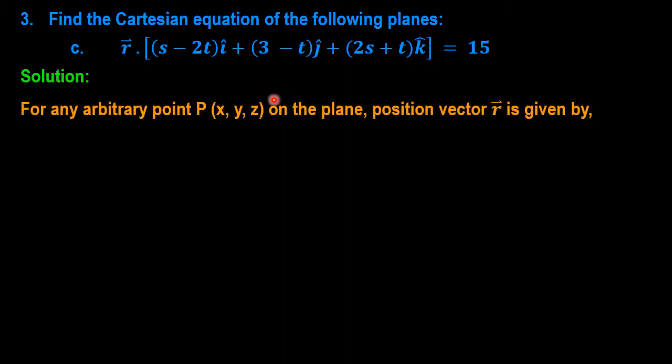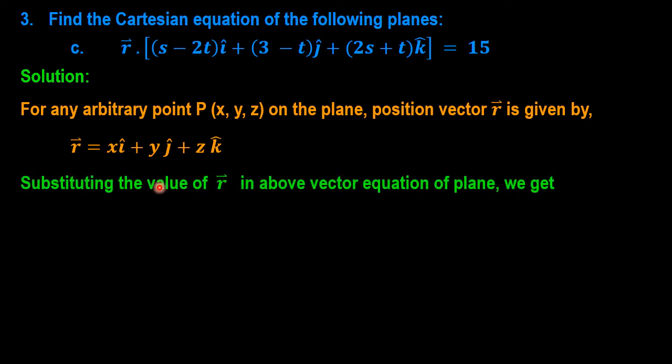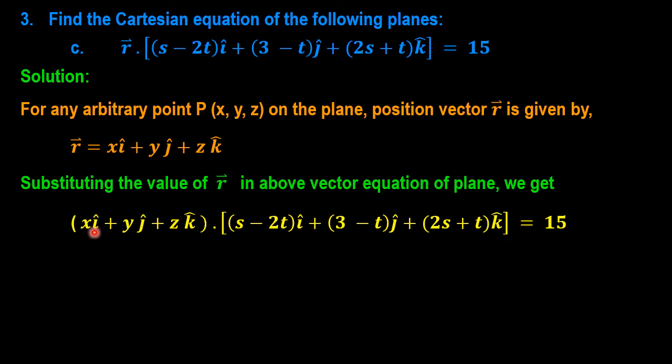So let us consider any arbitrary point P having coordinates x, y, z on the plane and the position vector r is given by r vector equals xi plus yj plus zk. Now, substituting the value of r in the above vector equation of the plane, we get xi plus yj plus zk, which is the expression for r, and the rest is same from the vector equation.